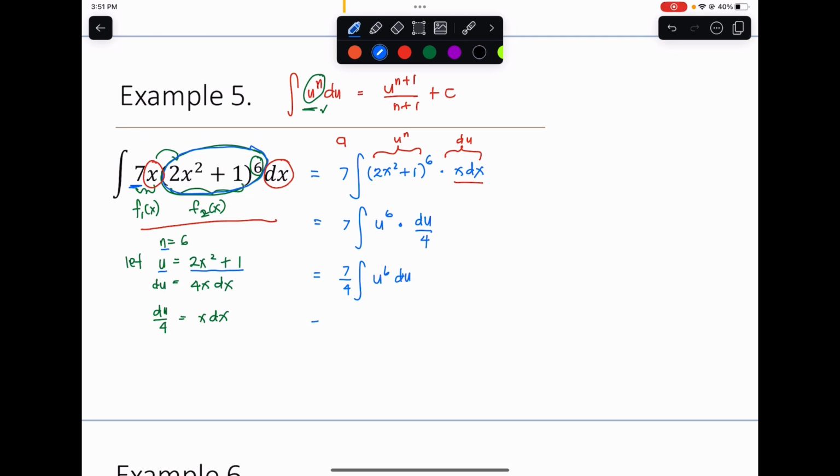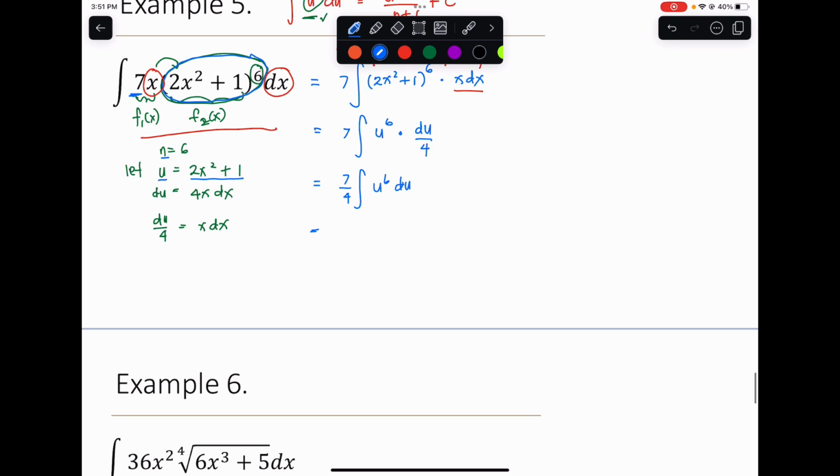Now I can simply integrate this using the power rule. That is 7 over 4 multiplied with u raised to 6 plus 1, which is 7, all over 7, plus c.